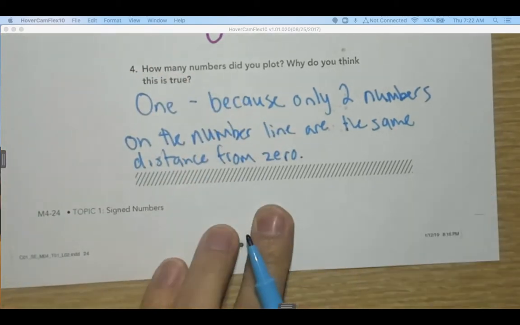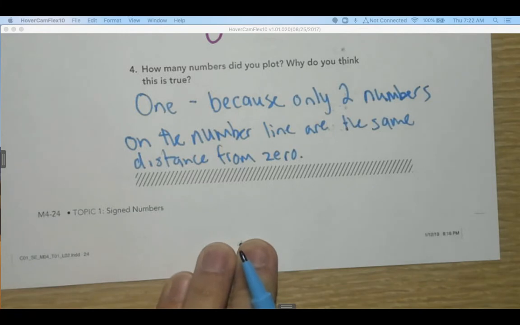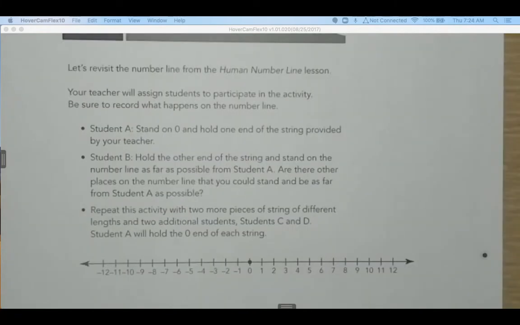Like 1 and negative 1. There's nothing else that's 1 away from 0. Negative 7 and 7. There's nothing else that's 7 away from 0. Okay? There are 2 numbers that are the same distance away from 0 for anything.